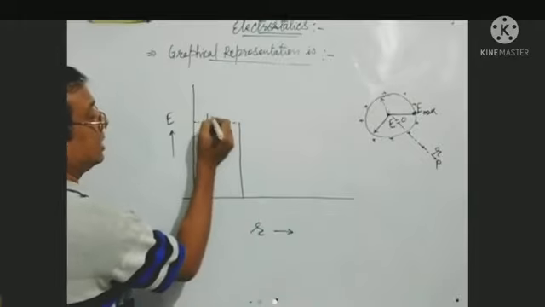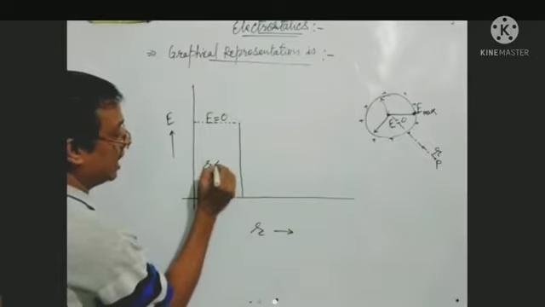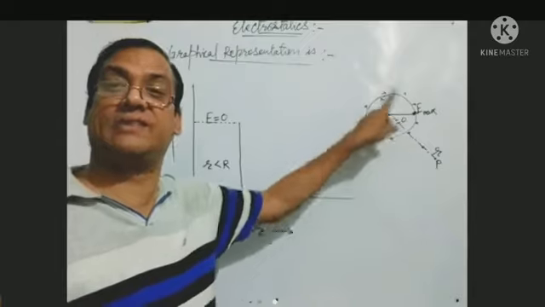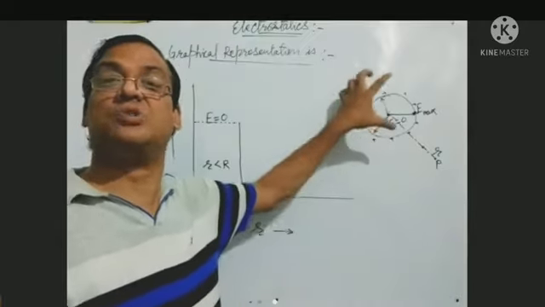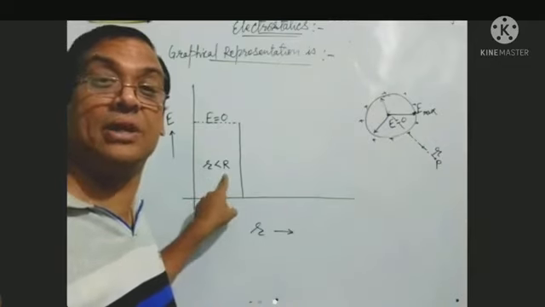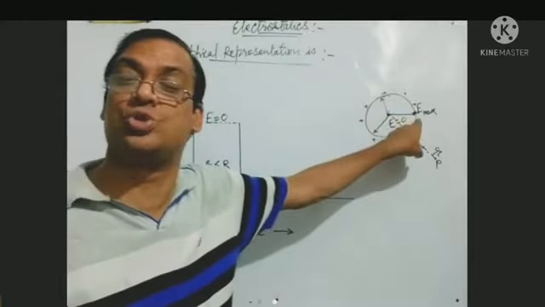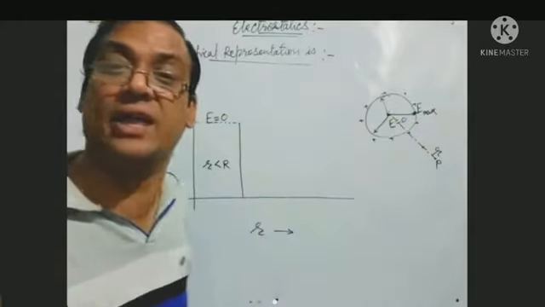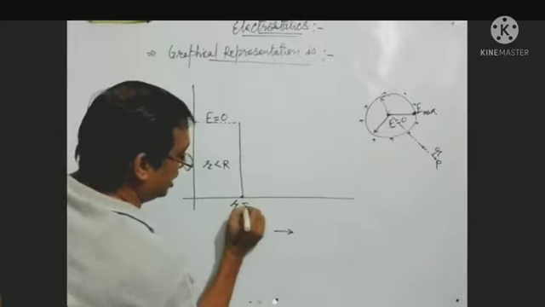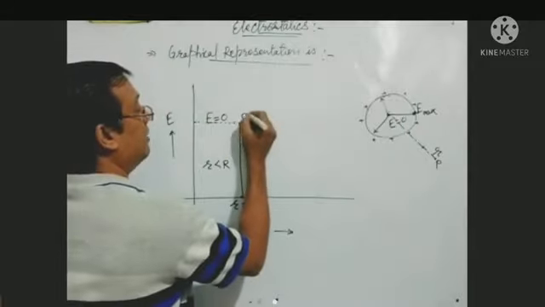The electric field is 0 when r is less than capital R, means wherever r is less than capital R inside the spherical shell charged body, the electric field will remain 0. But as soon as it goes to the surface exactly, r will be equal to capital R and its electric field will be maximum.